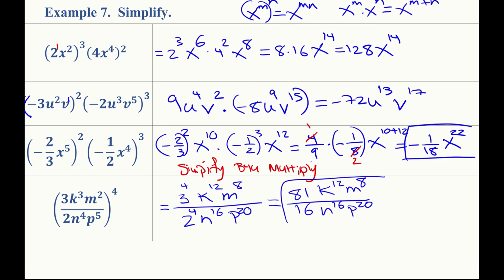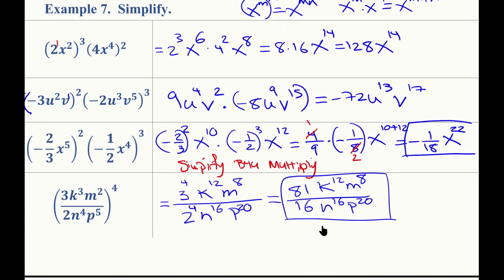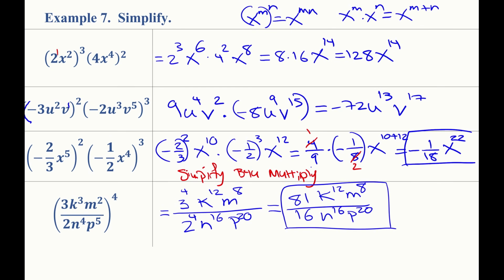And there is no cross-canceling possible. 81 and 16 only have 1 as a common factor, so we don't really get any simplification out of that. And that's it. So there you go. Make sure you can handle these on your own before you proceed to our last example for this video.